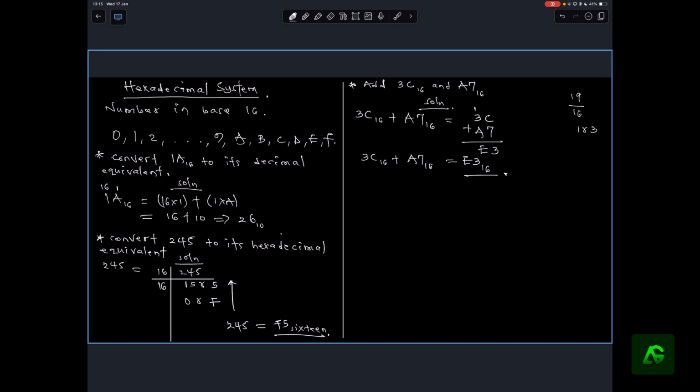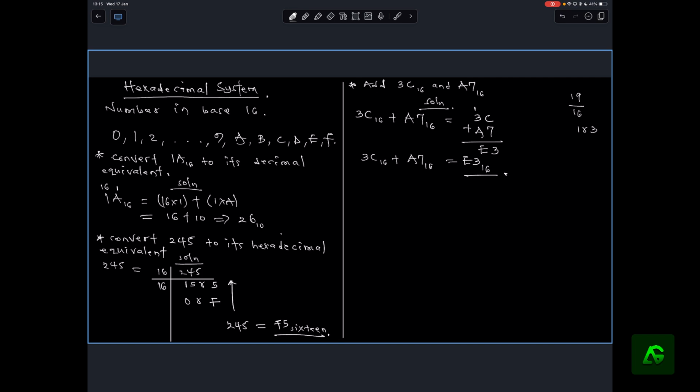So you can see how the addition is being done. It's still the same way we consider the addition process in base 2 and base 10; it's still the same thing happening here.